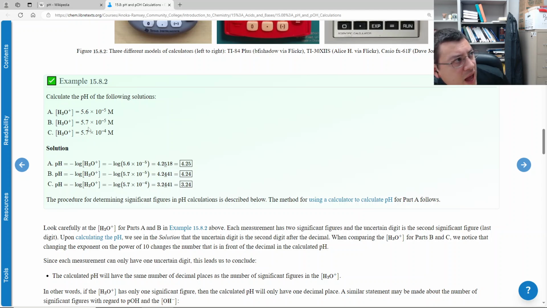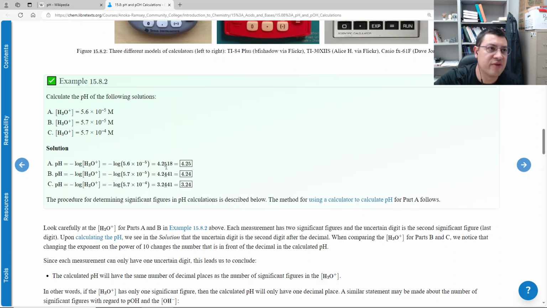If you look at examples A and B, these are very similar H3O plus concentrations, 5.6 times 10 to the minus 5 versus 5.7 times 10 to the minus 5. Now look at how those pHs calculate out.